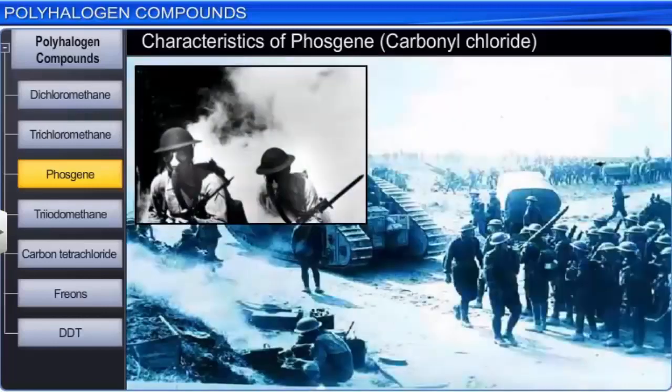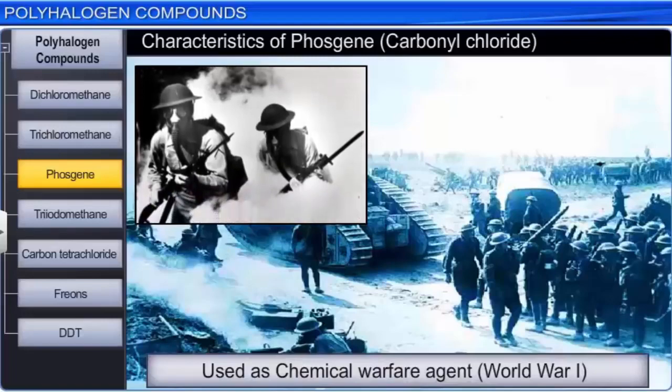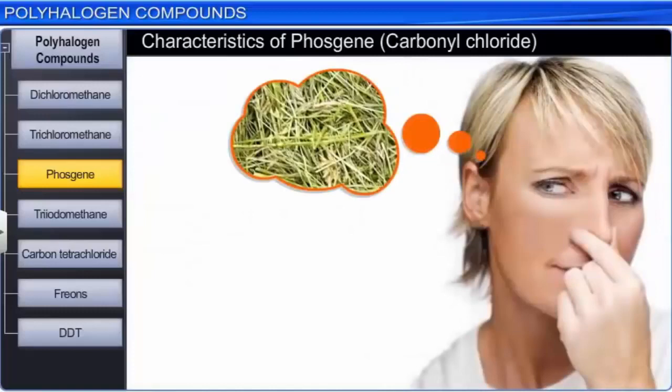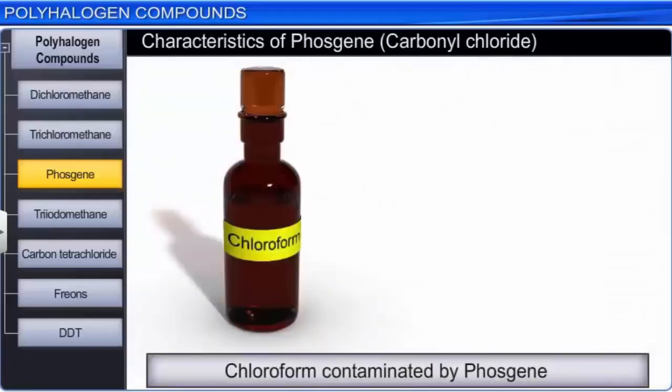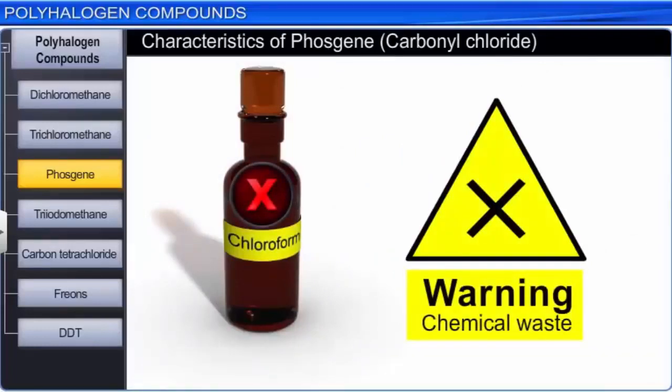In fact, it was used as a chemical warfare agent during the First World War. If you detect the odor of freshly cut hay when working with chloroform, you should seek medical attention. Chloroform contaminated by phosgene should not be used and should be properly disposed of as chemical waste.